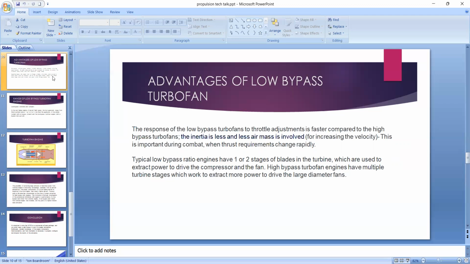Typical low bypass ratio engines have one or two stages of blades in the turbine which are used to extract power to drive the compressor and the fan. High bypass turbofan engines have multiple turbine stages which work to extract more power to drive the large diameter fans.